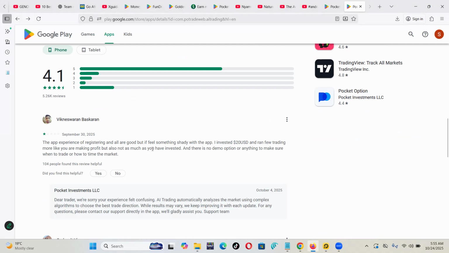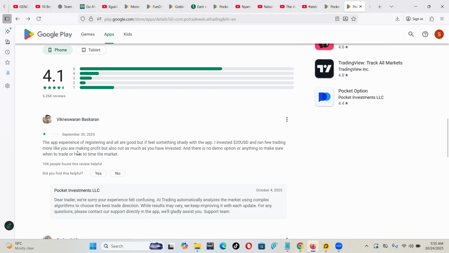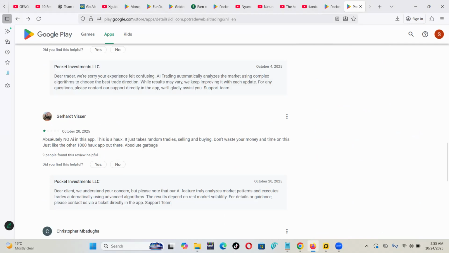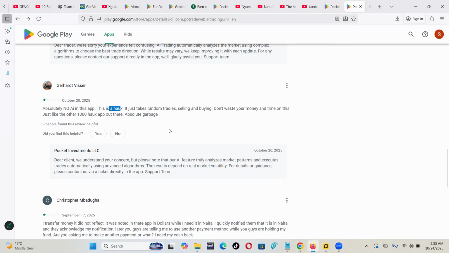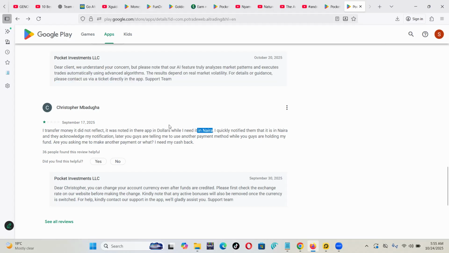Looking at the reviews, someone says they invested $20 and ran a few trades, and you're making profit, but not as much as you invested. This one is saying it's a hoax, but they replied to him. Another says, I transferred the money, it didn't reflect. It was there in dollars where I needed it in naira.